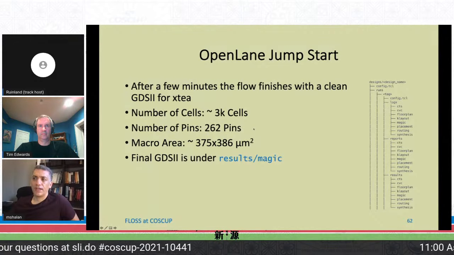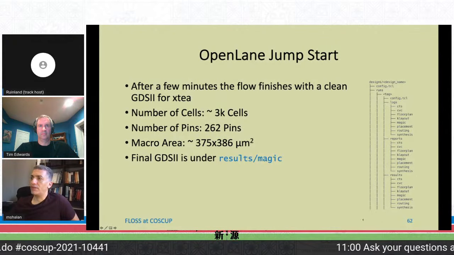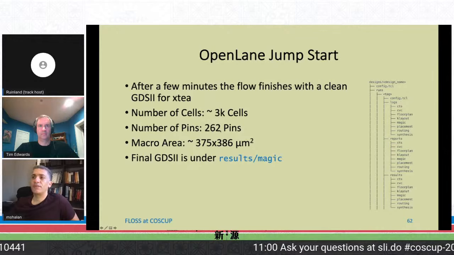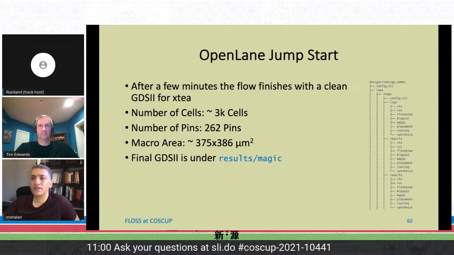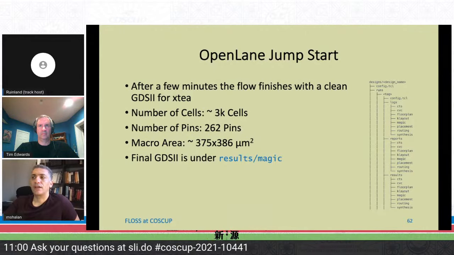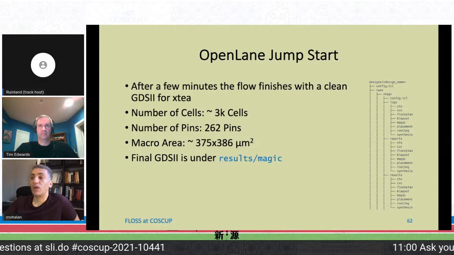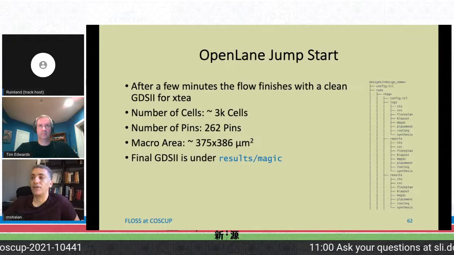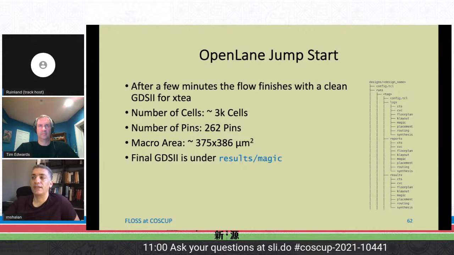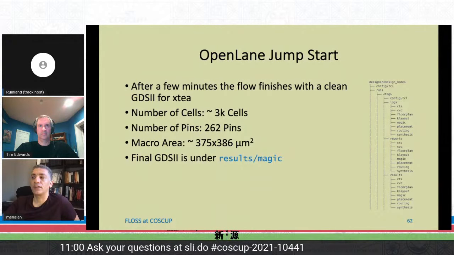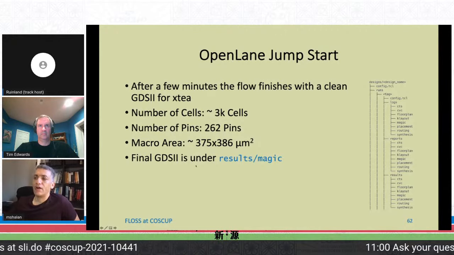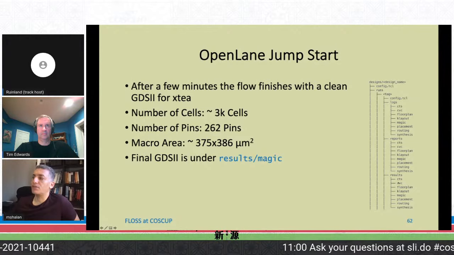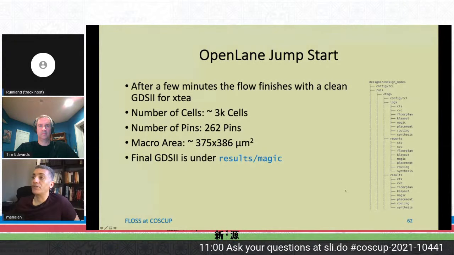When it finishes, you will get reports, and the report will show that this design has about 3K cells, and the macro has 262 input-output pins, and it occupies an area of 375 by 386 square microns. The final layout in the GDS2 format will be under the results/magic folder.